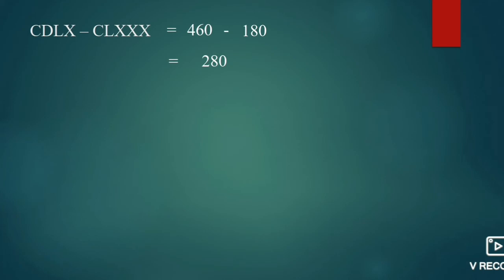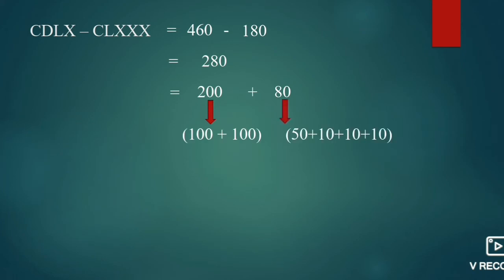Now convert the answer into Roman numeral. So 280 can be expanded as 200 plus 80. In terms of Roman numerals, 200 can be written as 100 plus 100 and 80 can be written as 50 plus 10 plus 10 plus 10.